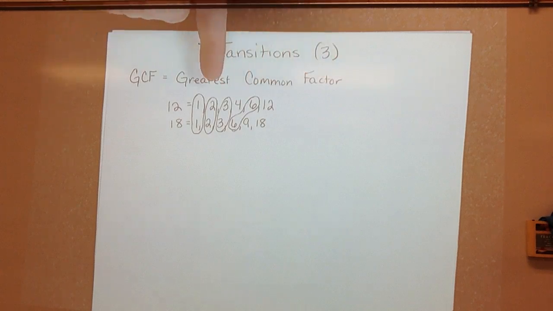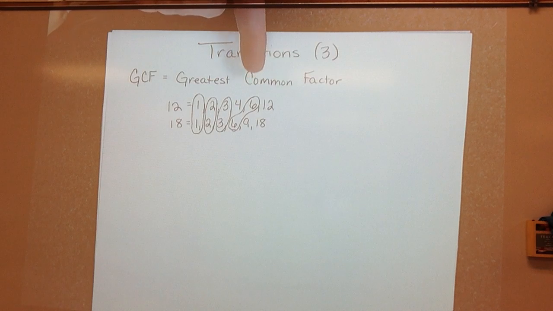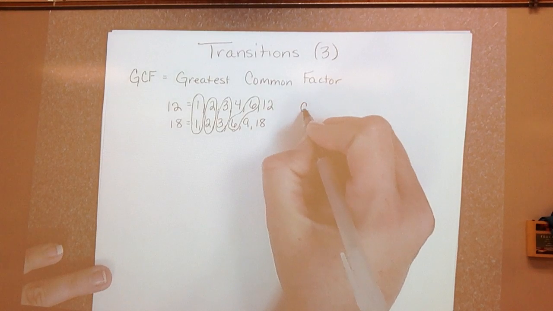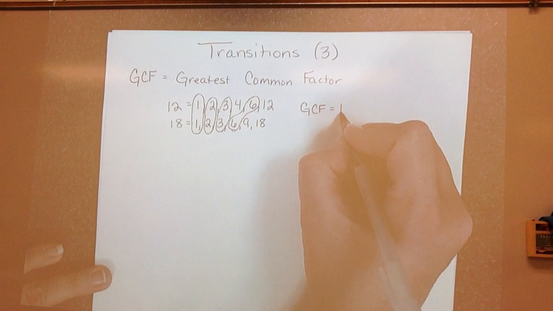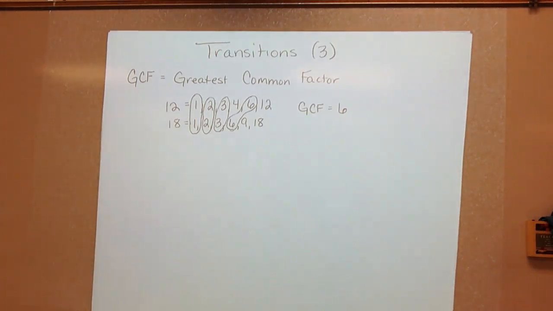I am looking for the biggest number that they have in common. So the GCF of 12 and 18 would be 6. That is the biggest number that they have in common that will go into both numbers.